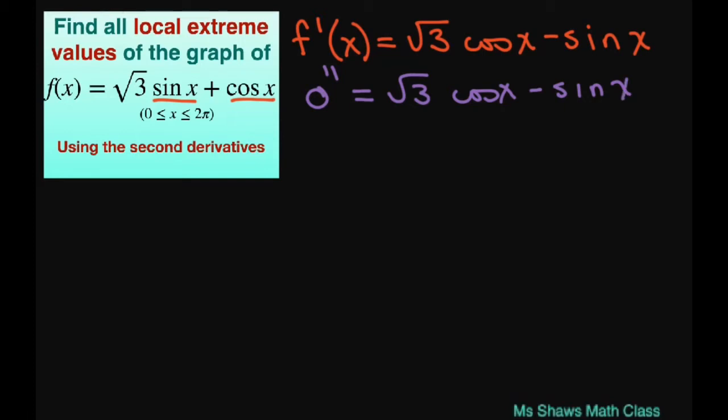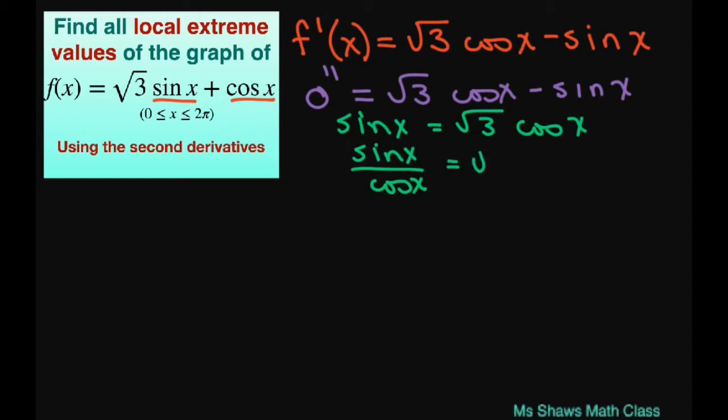So I'm going to add sine of x to both sides. So you get sine of x equals square root of 3 cosine of x. All right, and then divide both sides by cosine, and you get sine of x divided by cosine of x equals square root of 3, and this just equals tan of x.